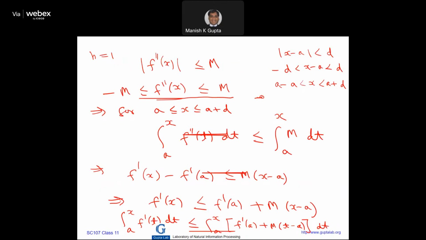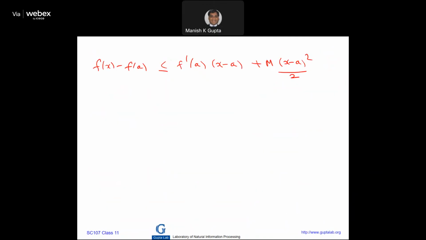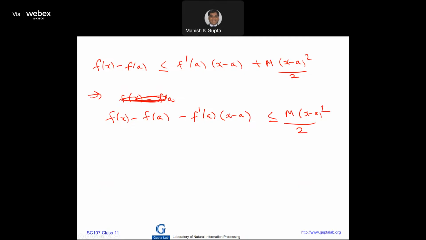When you integrate. Okay? This implies that f of x minus f of a minus f dash of a times x minus a is less than or equal to M times x minus a whole square divided by 2.